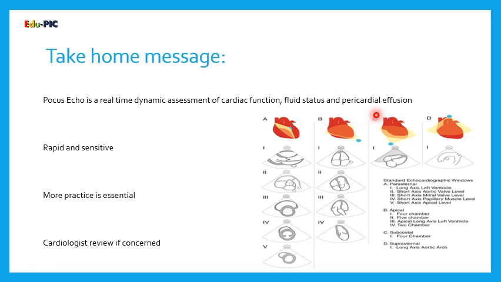In addition to PDA assessment of size and presence, especially in neonates. It's a rapid and sensitive examination, but it needs more practice. So please be familiar with your machine and practice the approach. And if you have any concern, you need to discuss with a cardiologist if there is a need to do a more detailed scan.